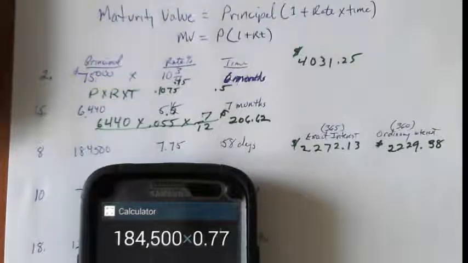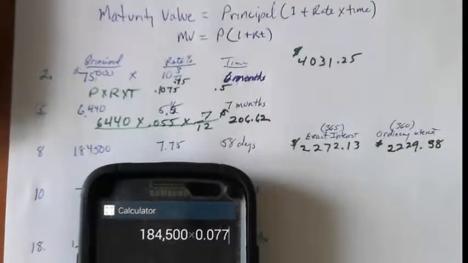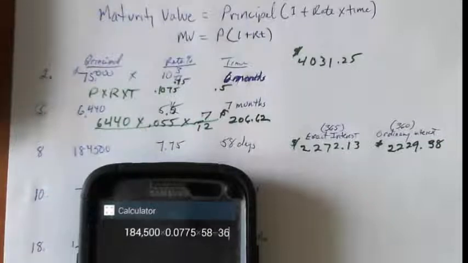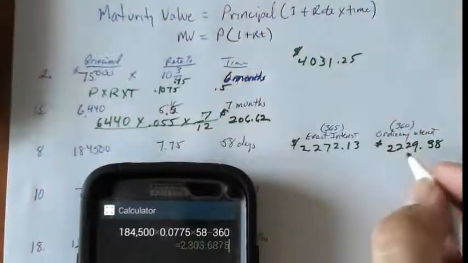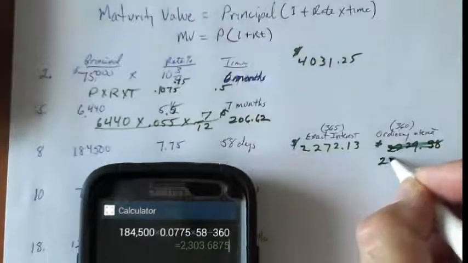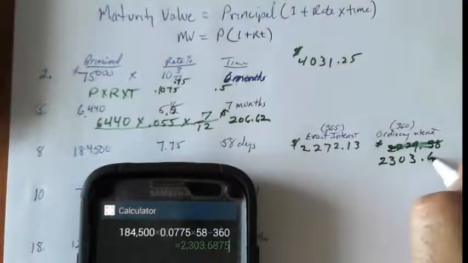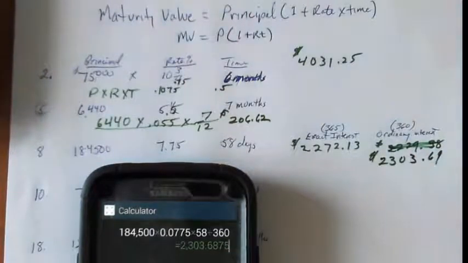Oops. Clear that out again. I'm trying to go too fast now. Times 58 divided by 360. There we go. That looked right. I said, now how can you have just slightly more interest here? And that is going to round up to that 69. There we go. That made more sense.